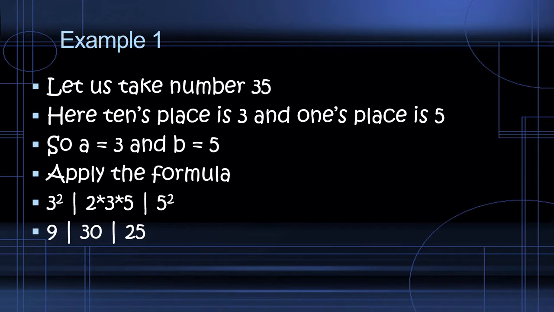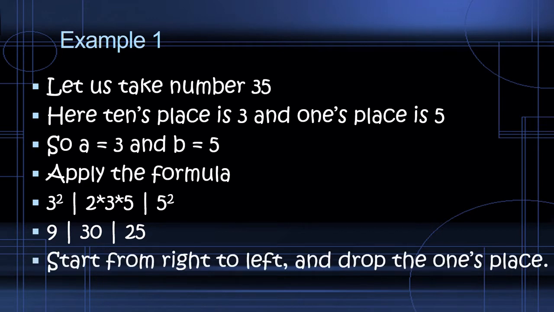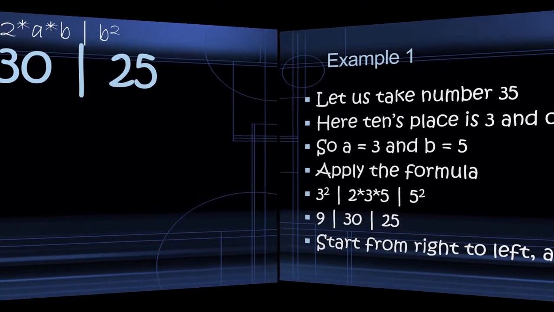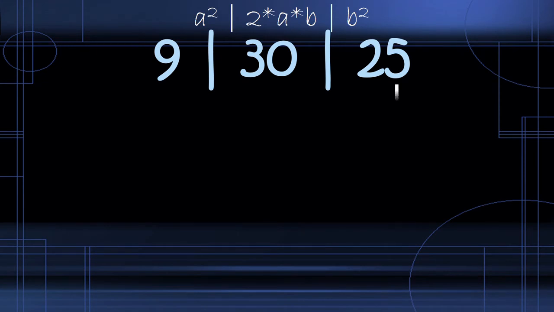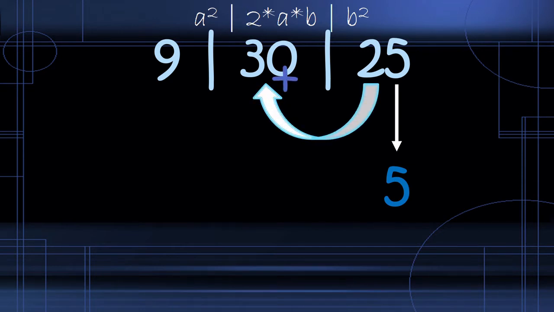So we are going to start from right to left and drop the ones place. Here, the ones place in 25 is 5, so we drop the 5 and add 2 to 30, which gives us 32.